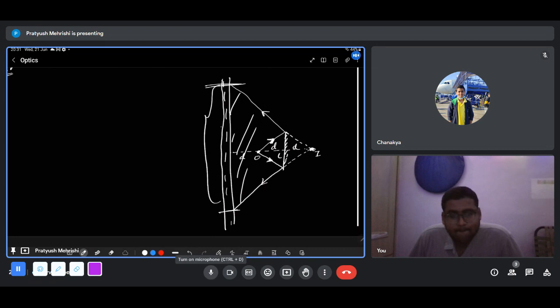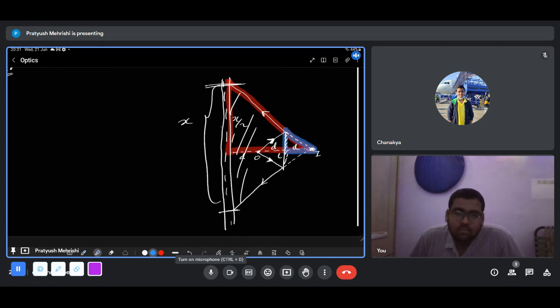Consider this right angle triangle. If the total length is x, then this triangle makes half of it, x by 2. Similarly, consider this other triangle.